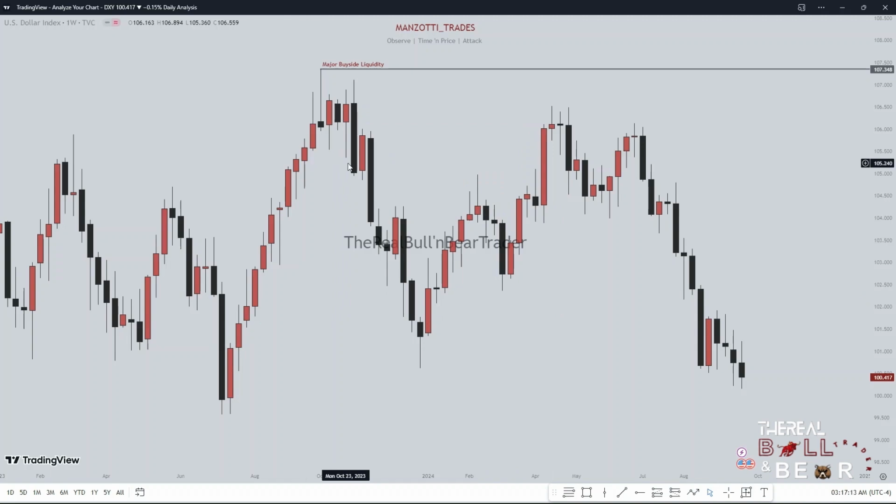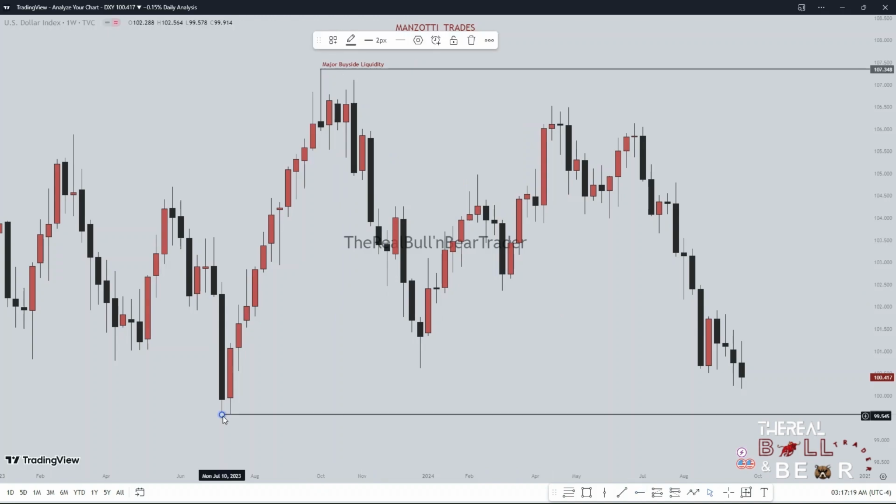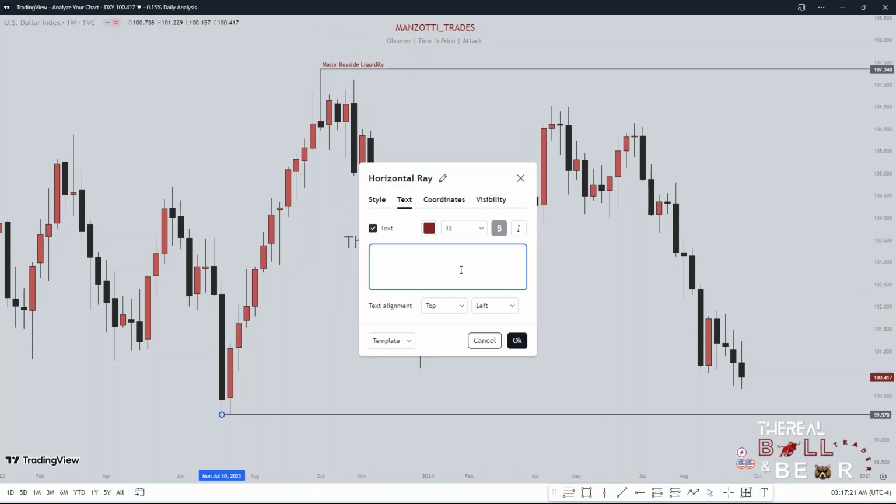Right, so now constructing another sell side liquidity, which is major sell side liquidity.